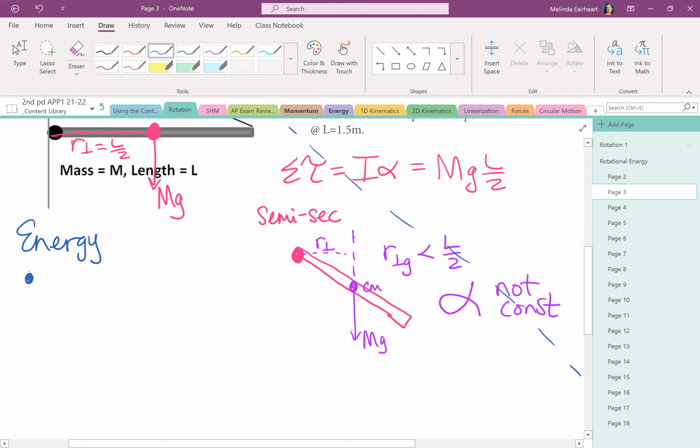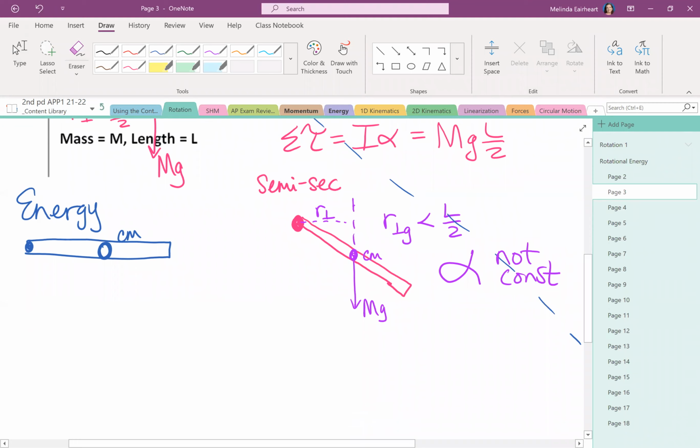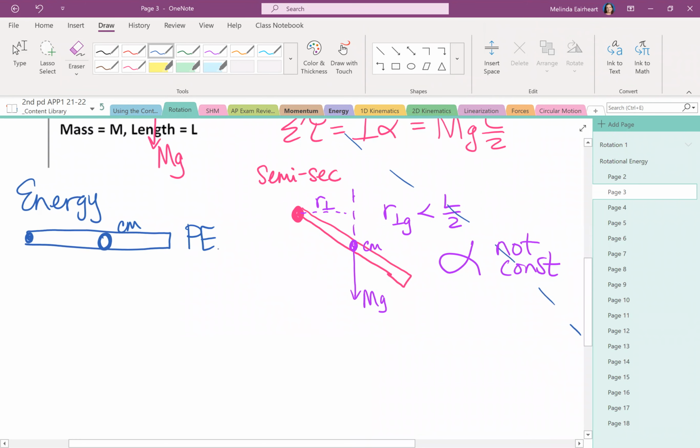And so when it's at the top, just like it is in the picture, what kind of energy does our center of mass object have? Potential energy. So we've got gravitational potential energy. In the end, when it swings through the vertical, then what kind of energy do we have? Kinetic.